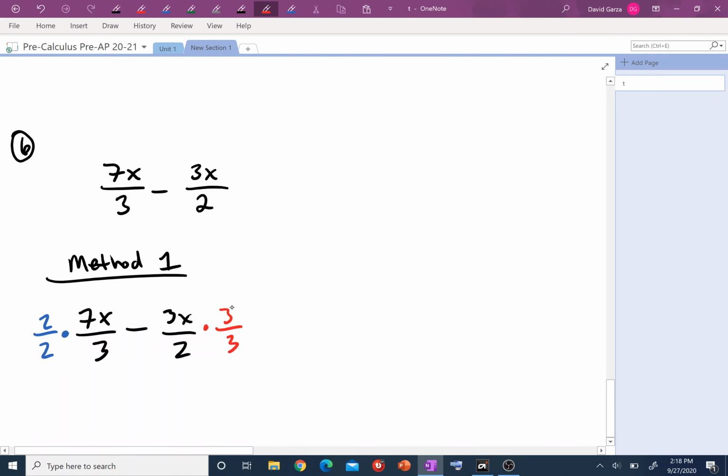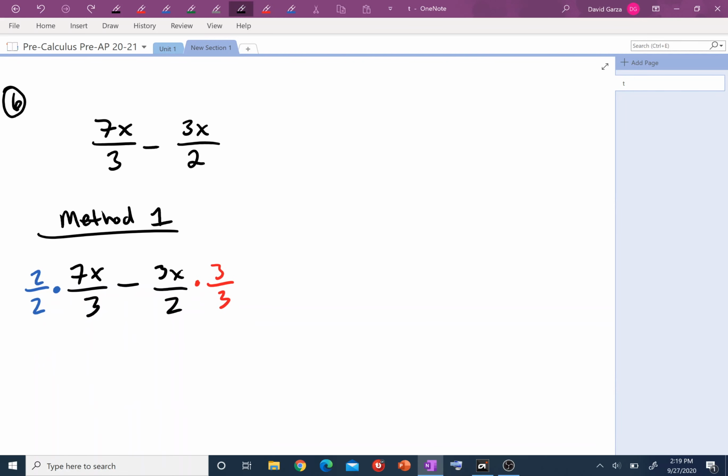The reason we do this is because 3 divided by 3 is 1, and 2 divided by 2 is 1. So you're multiplying by 1, which is a clever way of doing things so that we don't actually change what we have. It looks different, but it's really the same thing.